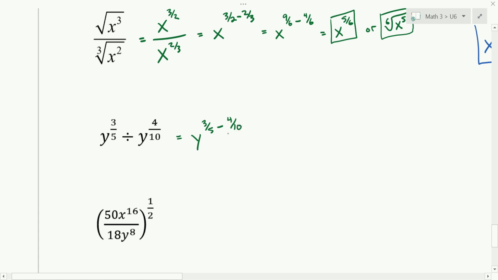We want a common denominator, and we have two options here. We can change the 3/5 or we can reduce the 4/10. Because the 4/10 you can divide by 2 and end up with a 5 as the denominator. And so I'm going to reduce, get y to the 3/5 minus 2/5. And then when you subtract, you end up with y to the 1/5 power.